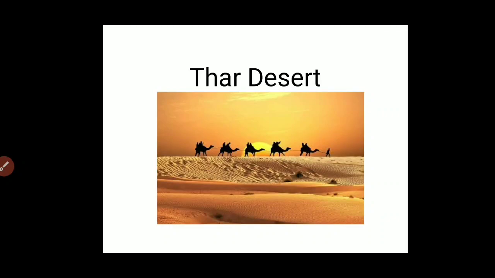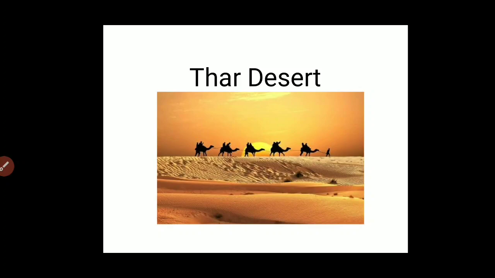There is lack of water, and because of that the animals living in this area like camel can only survive in such hot and dry region. There is very low rainfall, and as a result of it very less vegetation can be seen in this region.